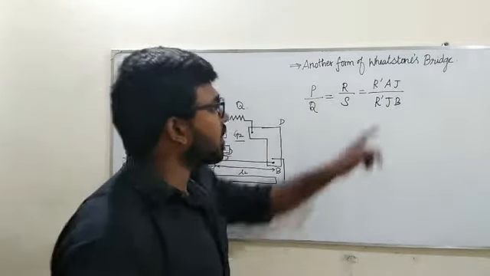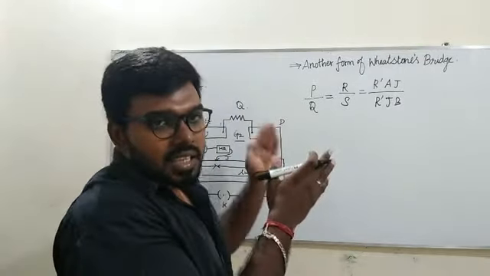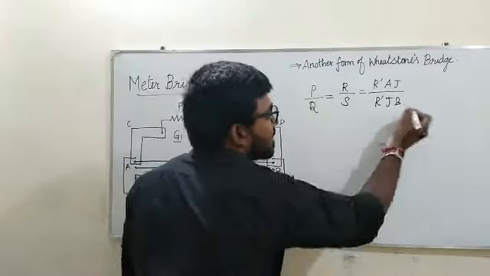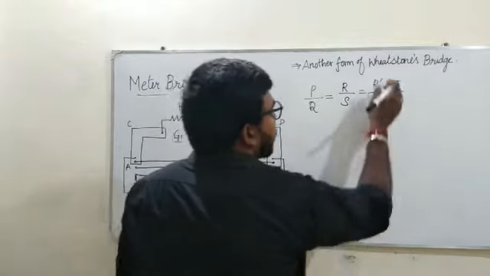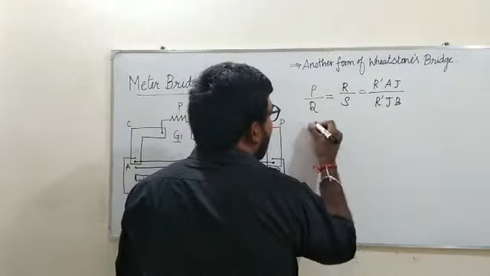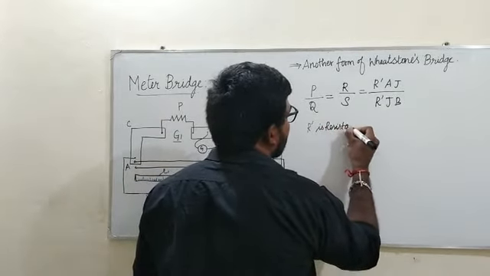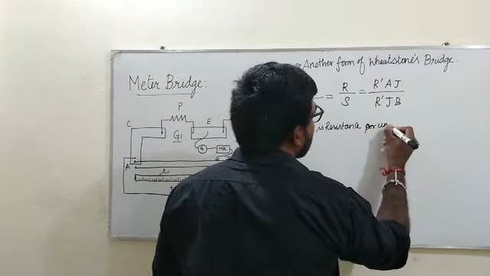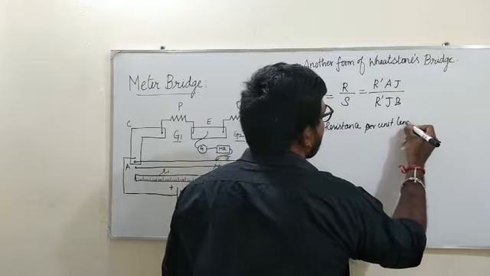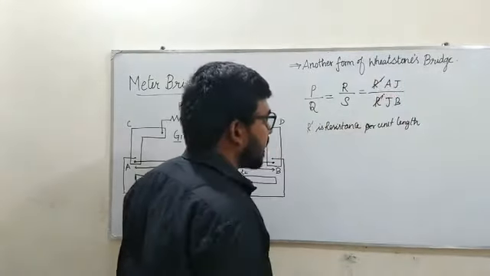We know that AJ is nothing but L1, the distance from end A to the position of the jockey, and JB is from the position of the jockey to end B. And here R dash is the resistance per unit length. So from this we can say that R dash gets cancelled.